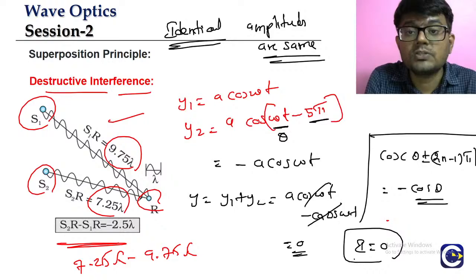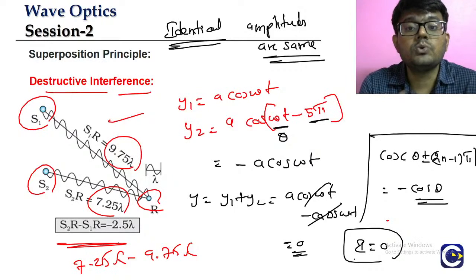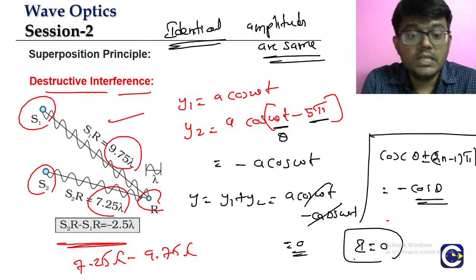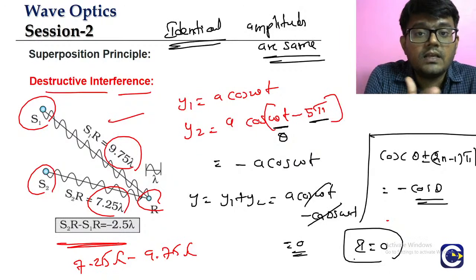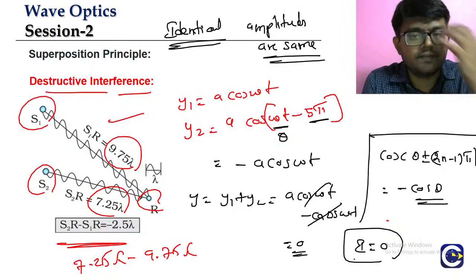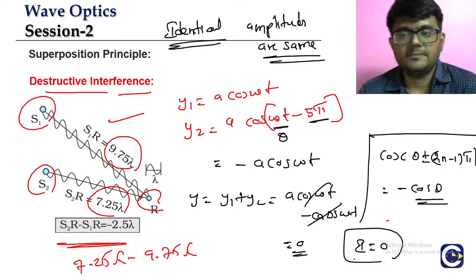This helps us to clearly differentiate, and maybe this can be another theoretical question, why people prefer sources with equal amplitude: it helps us to easily differentiate between constructive and destructive interference, because one is completely dark and the other completely bright.